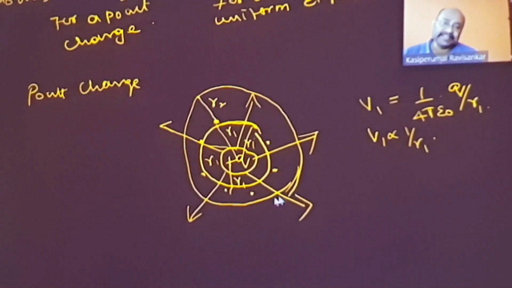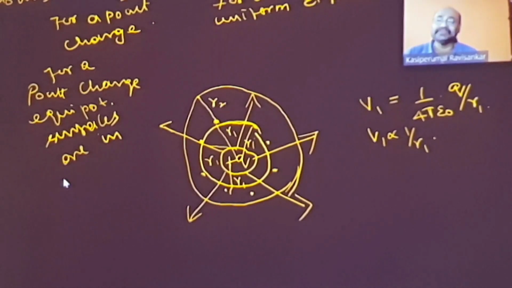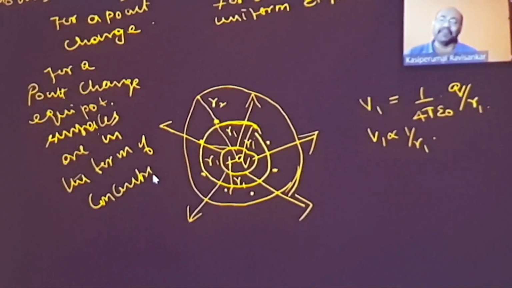So we can state that for a point charge, equipotential surfaces are in the form of concentric circles.